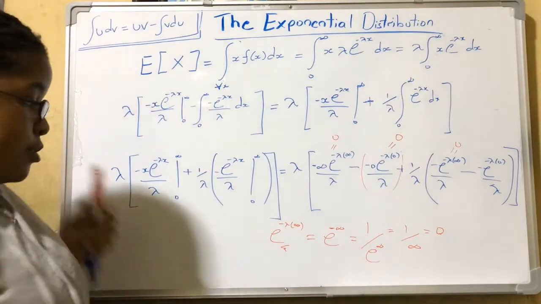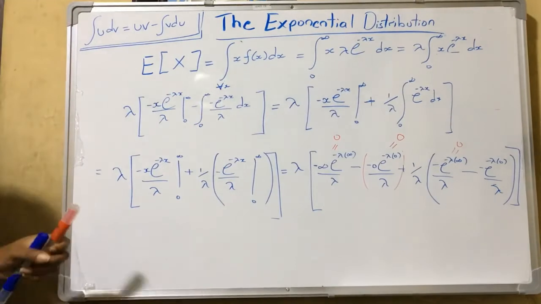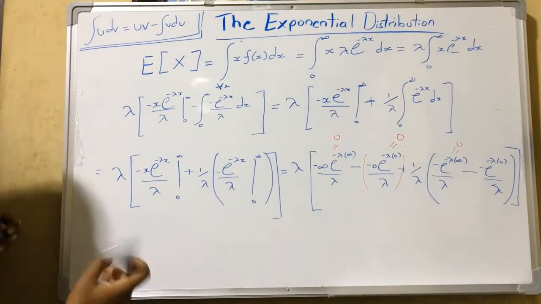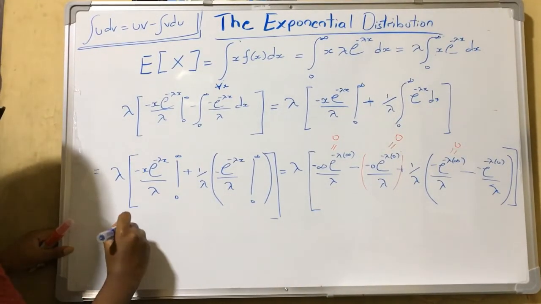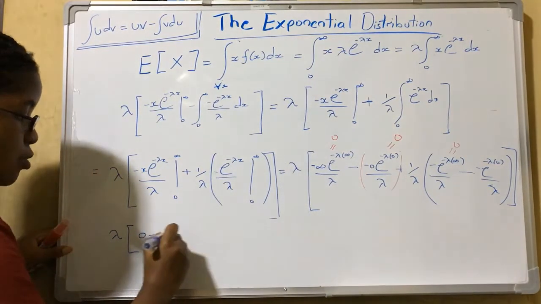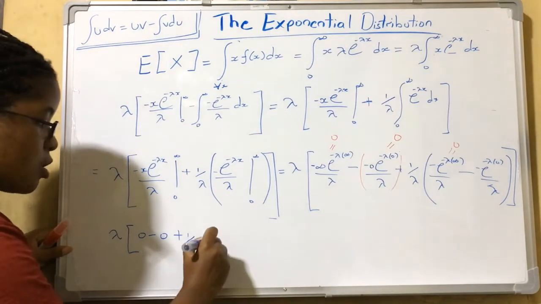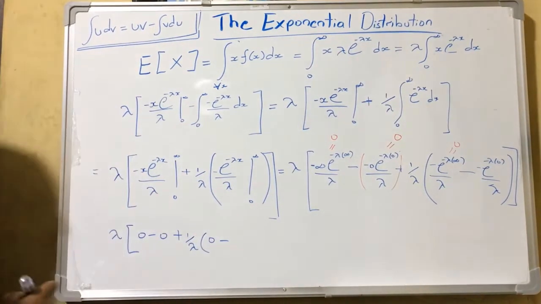So let's write the progress so far here. Our expression has now become lambda times 0 minus 0 plus 1 over lambda, open the brackets, of 0 minus.